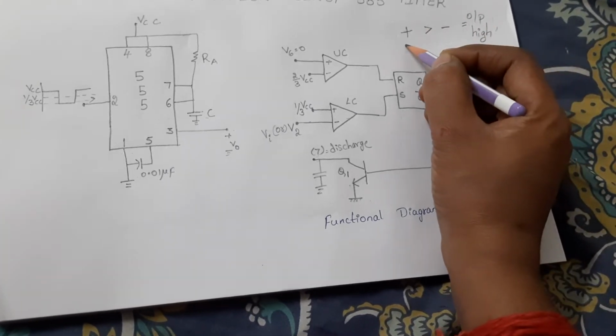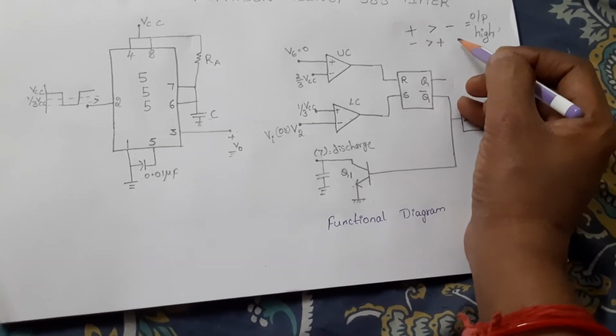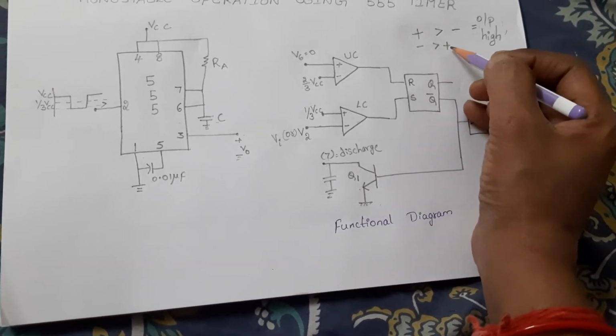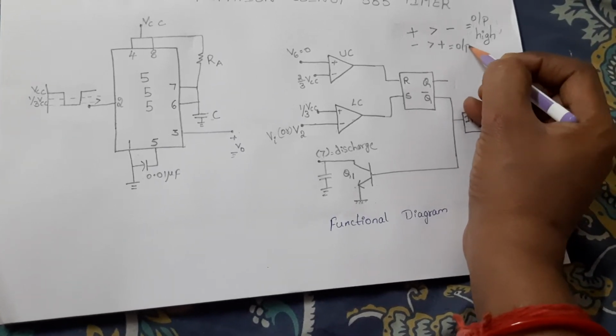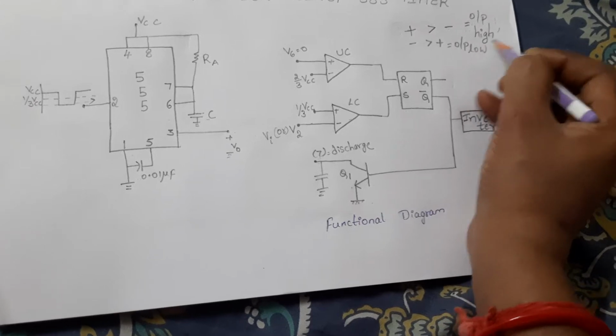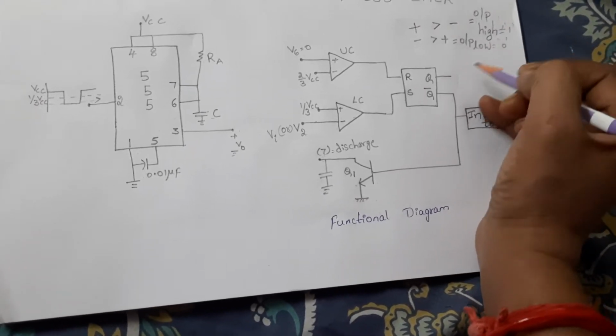Whenever the inverting terminal is greater than the non-inverting terminal, that is the negative terminal is greater than the positive terminal, the output will be low. High means 1, low means 0.